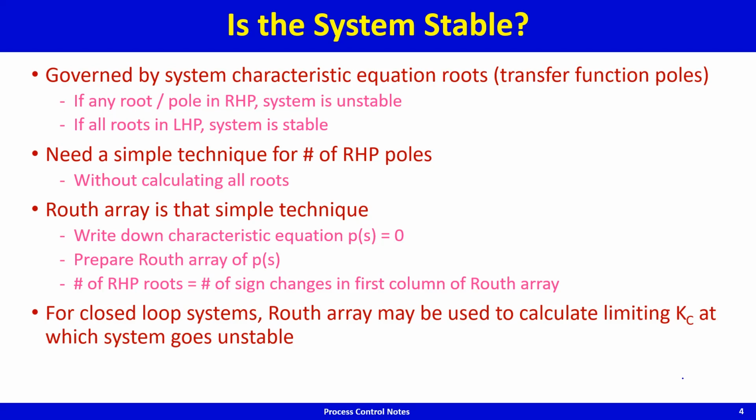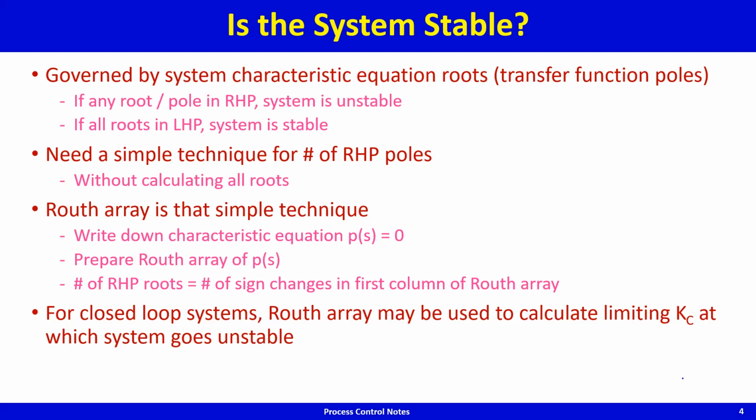For a closed loop system, the characteristic equation is a function of the controller tuning parameters, such as, for example, Kc. So the Routh array can therefore be used when you prepare it. The first column elements will be a function of Kc, or at least some of those elements will be a function of Kc.